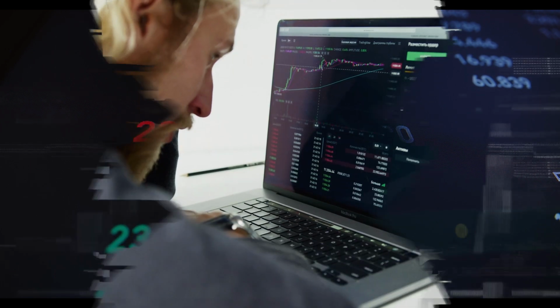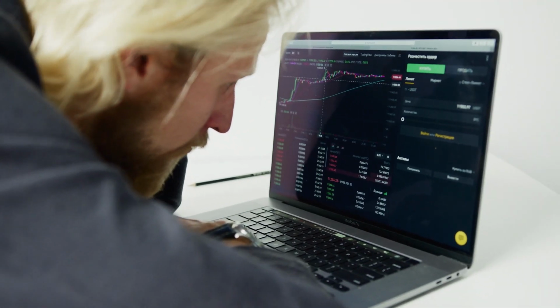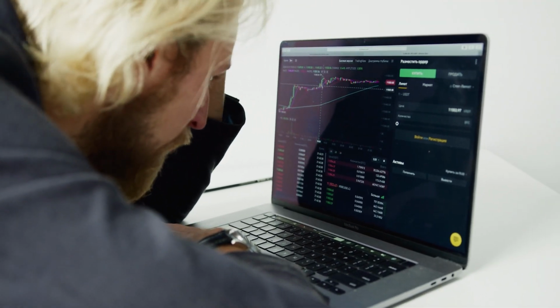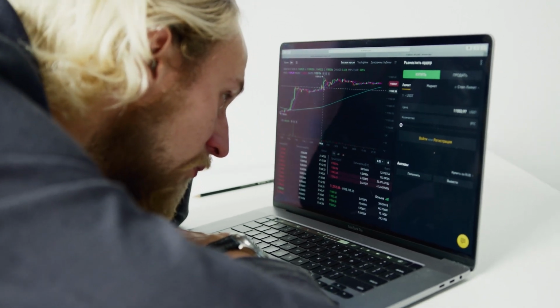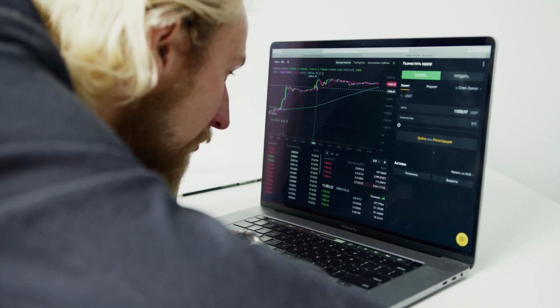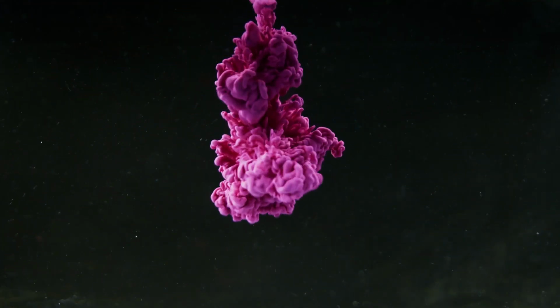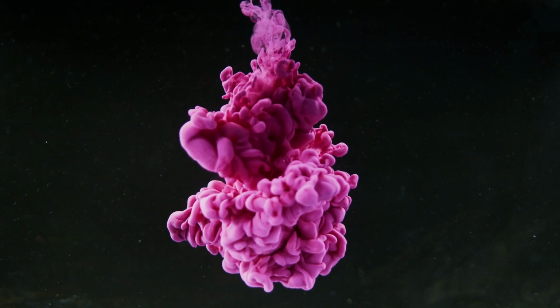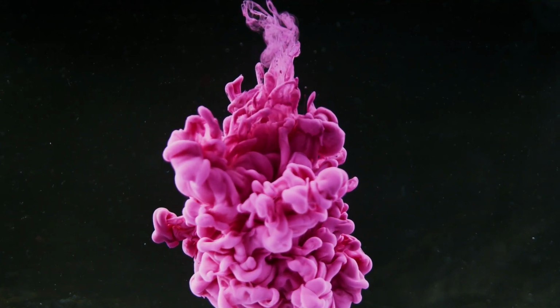Whether you're a seasoned investor or just starting, understanding strategic asset allocation is a game changer. Join me in this exploration of advanced investment strategies that go beyond the basics, empowering you to navigate the complex world of finance with confidence.